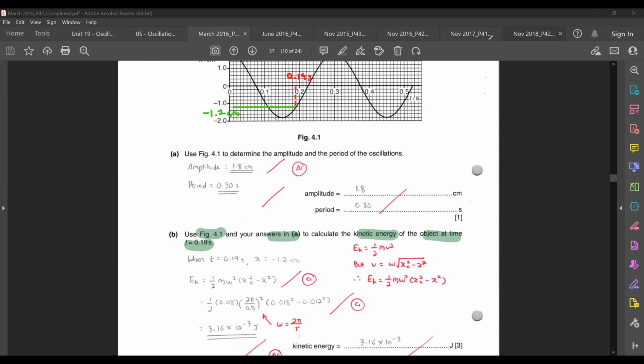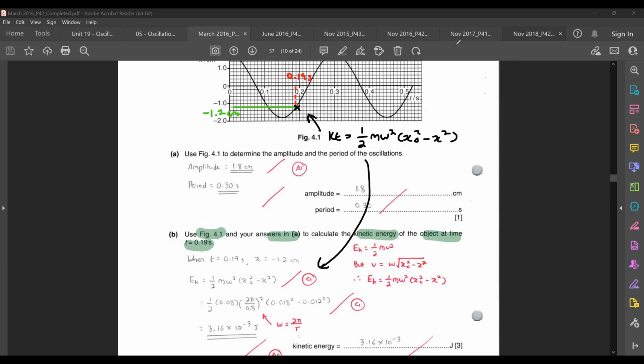So they want you to find out right now, what is the KE at this point? The general equation for KE at the point is half m omega square times x naught square minus x squared. Okay, so you're going to use this one here in your workings.